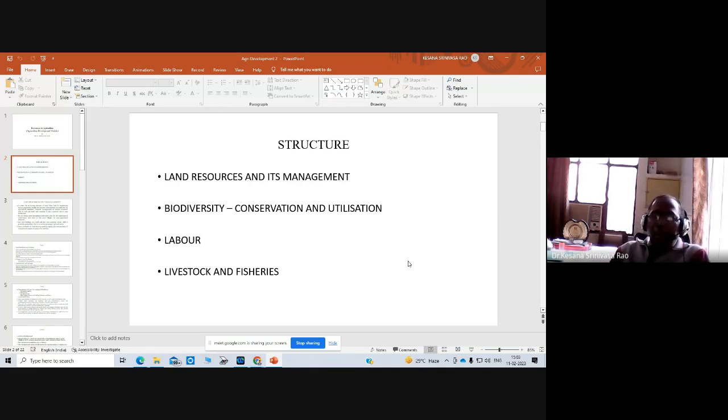Then labor, and the fourth one is livestock and fisheries. So these are all related to agriculture resources.